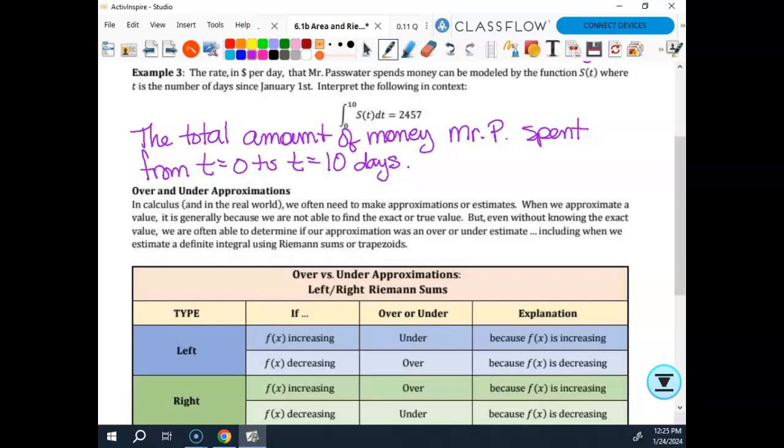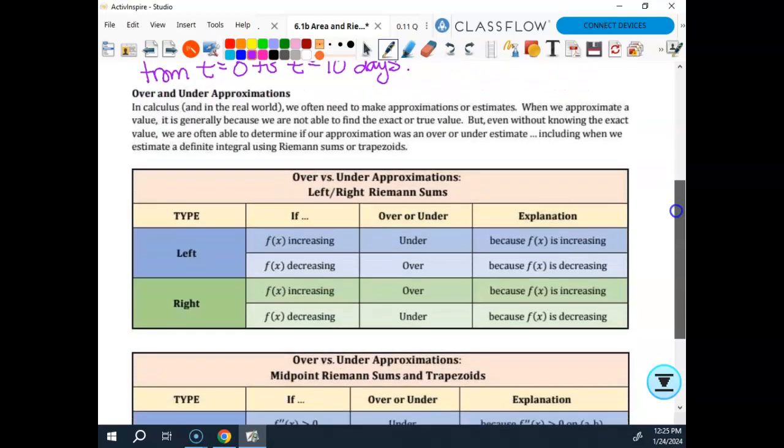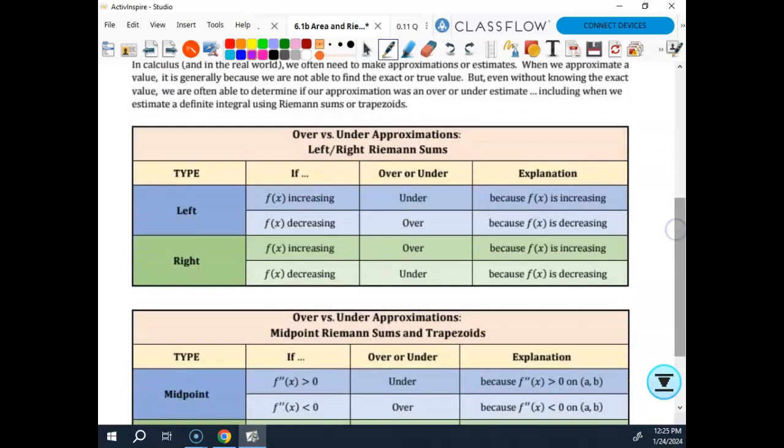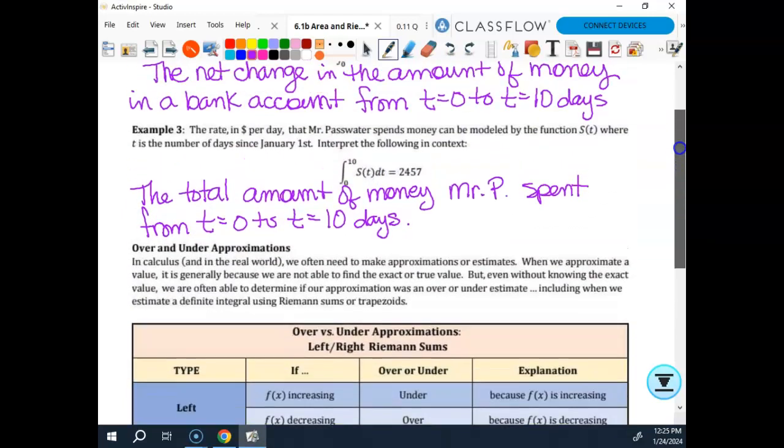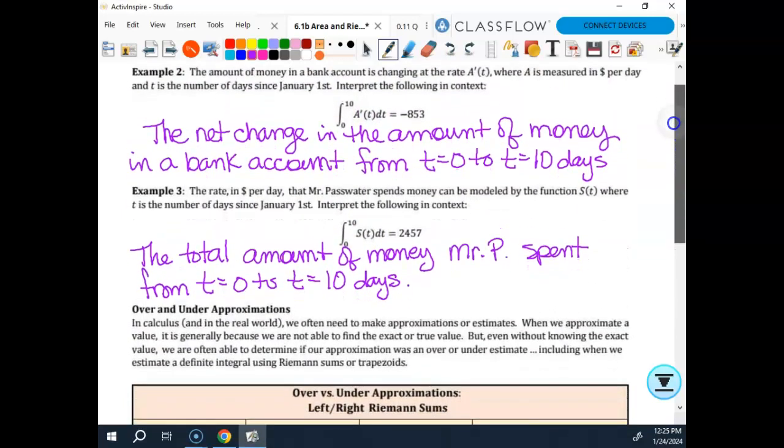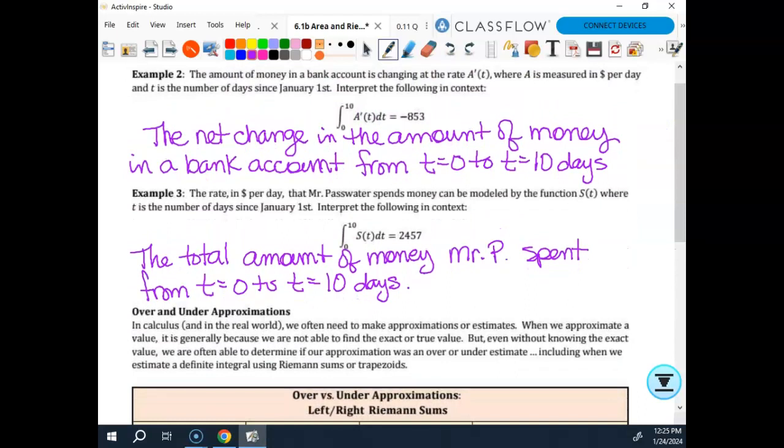Okay, so this chart looks very overwhelming, but it'll be fine, and you can draw yourself little pictures to remind yourself of things. Did I say something wrong? Well, the rate can be changing. The way this is worded does bother me a little bit because I kept saying, well, we don't know if money was added and subtracted.